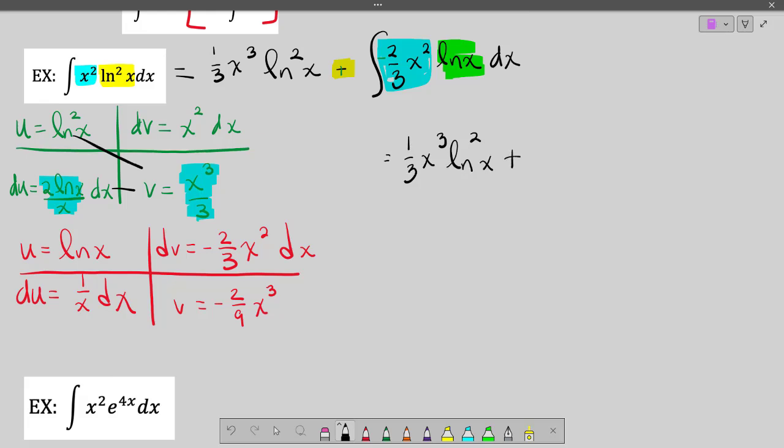Now I don't have to deal with brackets. If we had a minus there, we'd have to put big brackets for the uv minus integral of v du. So uv, main diagonal. Okay, main diagonal is going to be negative. This times that, that's going to be negative, so I'm going to just erase this plus, and now it's a minus because of this. Minus 2/9 x cubed natural log of x. So there's the uv. uv minus the integral of v du.